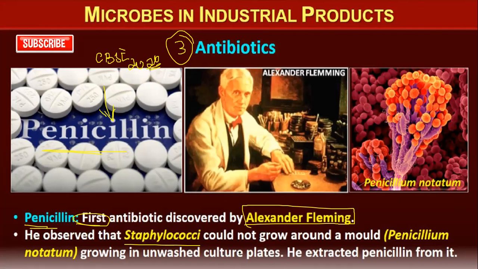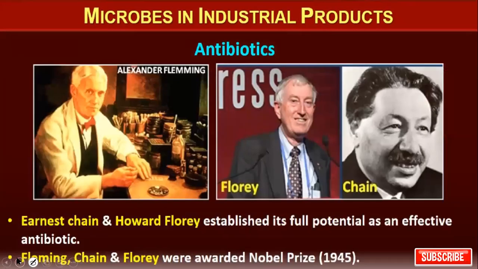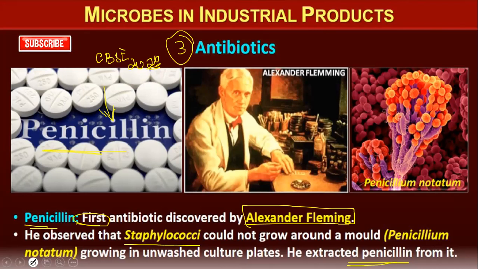That is, Staphylococcus was not able to grow in that particular culture plate due to the presence of a particular type of fungus. So from it he extracted the antibiotic known as penicillin, Penicillium notatum. And before that, I have to remind you that in chapter number 1 we studied the disease conidia, conidia which are actually exogenous in origin.